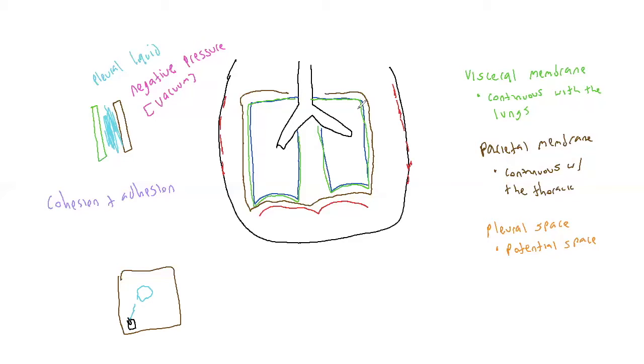However, the lungs and the visceral membrane, without being stuck to that parietal membrane, really are not able to inflate. So one thing to keep in mind is that the lungs are always partially inflated. This will come in handy later to know. But the lungs are always partially inflated.